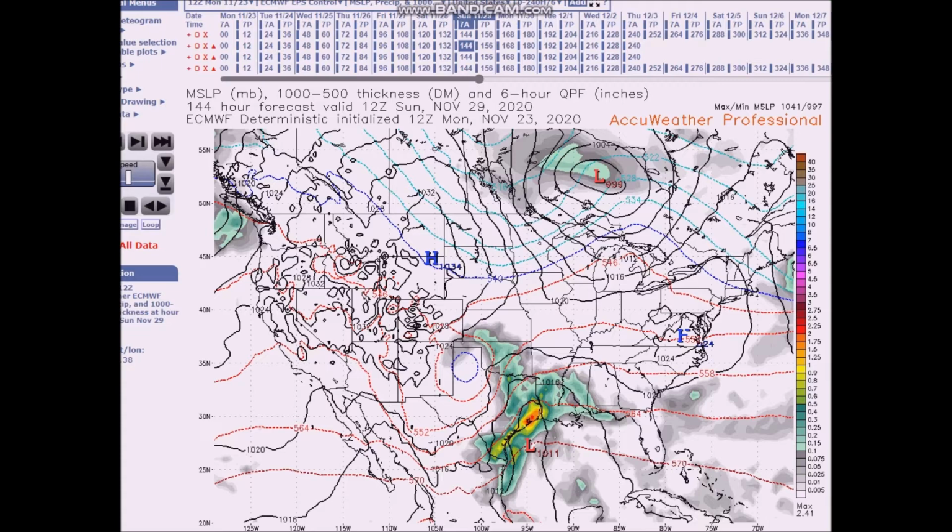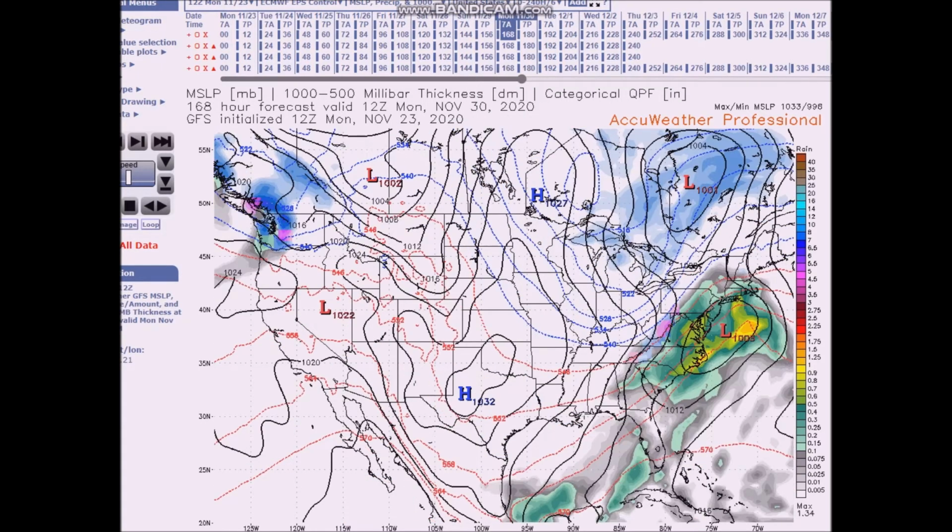Then moisture will stream ahead. Gulf moisture will stream ahead, causing heavy rain from the lower Mississippi Valley. The system that we're talking about right here will cause rain into the northeast early next week as it traverses eastward. You see it right there. There could be some snow and ice at the higher elevations across the central Appalachians.